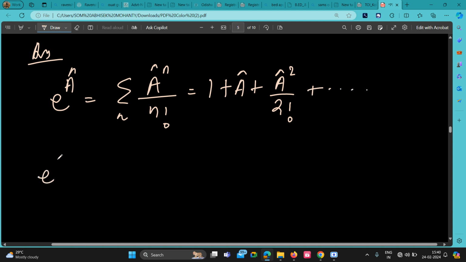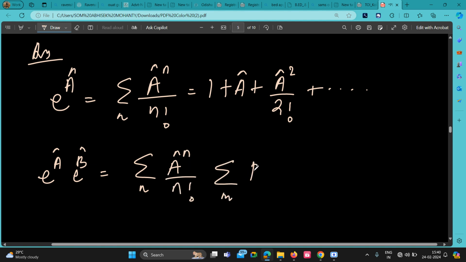Now e^Â e^B̂ is equal to summation n Â to the power n by n factorial, summation m B̂ to the power m by m factorial.